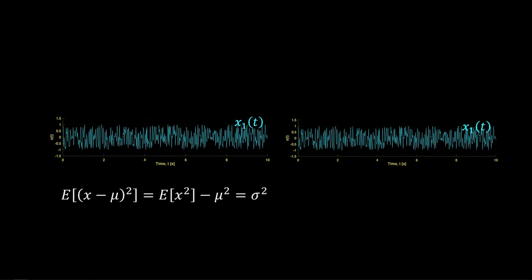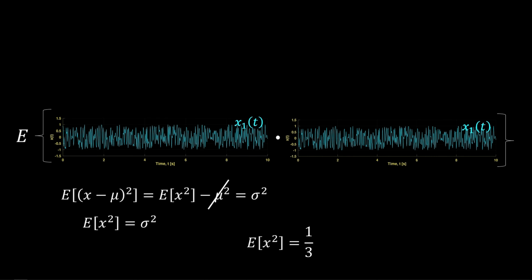Variance of each signal involves the product of each signal with itself to give an indication of how much that signal varies. Since these noisy signals are zero mean, the variance simplifies to expected value of the signal squared, giving again 1/3 for a uniform distribution of 0.5 over -1 to 1.